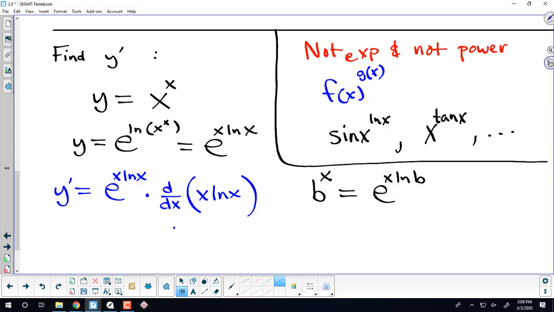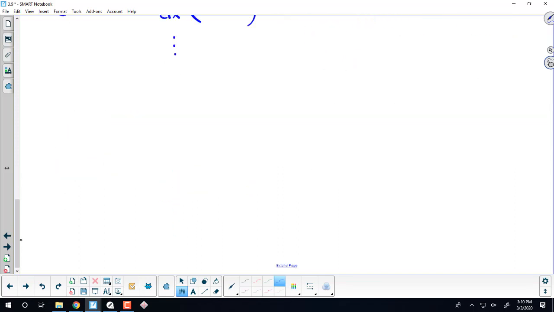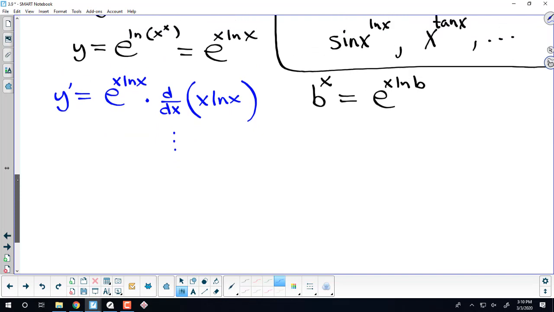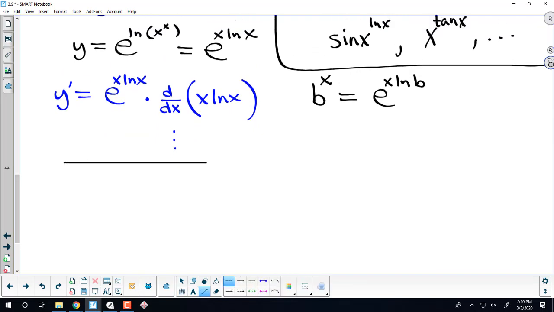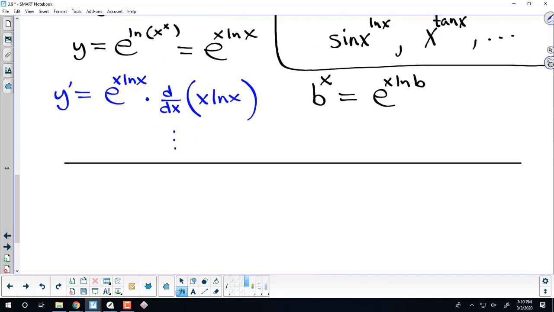So, we'll talk more about these later. I'm not going to finish that at this point, but it is noteworthy that you can take the derivative of these types of functions by rewriting them. We do see these functions more as we progress.